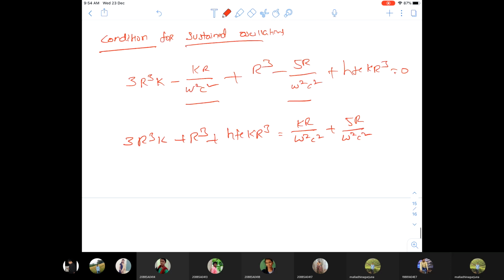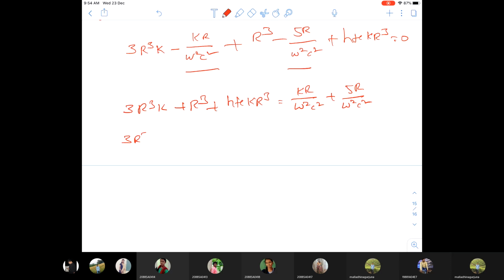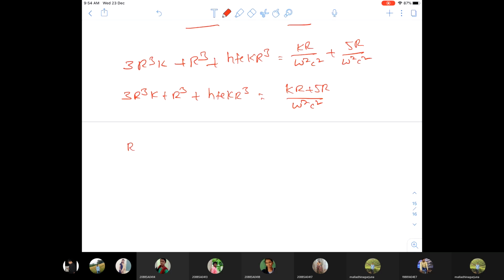In this equation, 3r cube k plus r cube plus hfe kr cube equal to kr plus phi r by omega square c square, because the denominator is same. Here you can take r cube as common: 3k plus 1 plus hfe k equal to r into k plus 5.